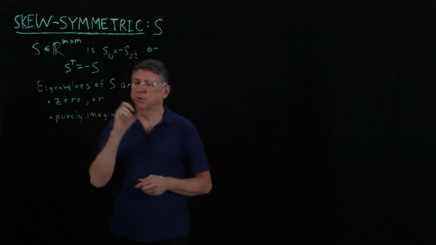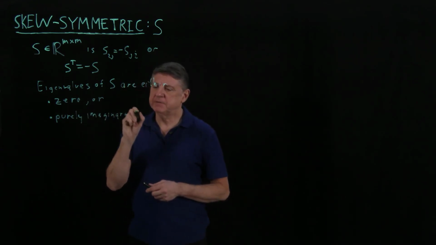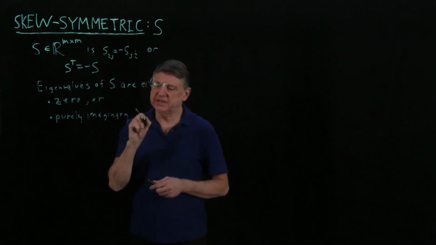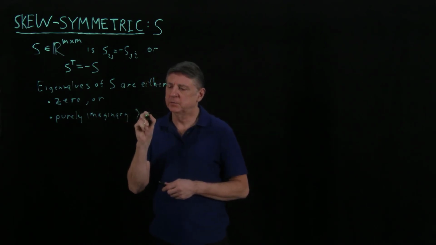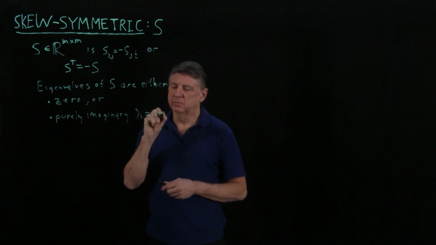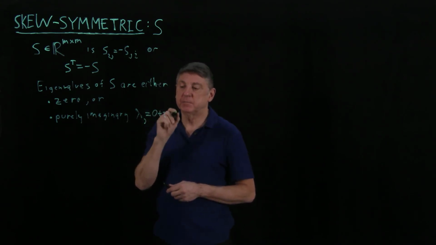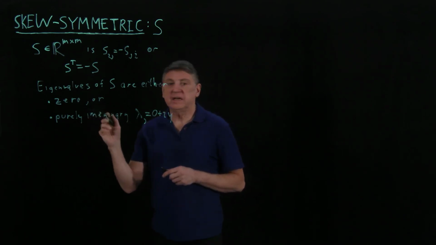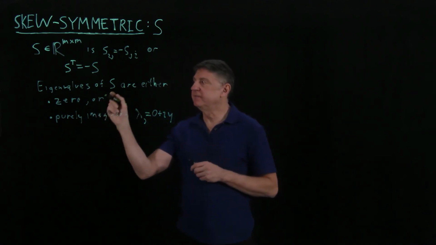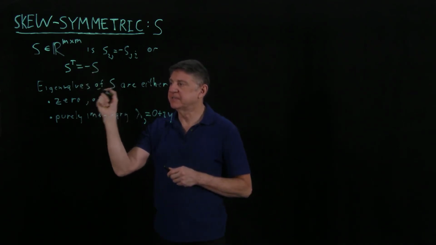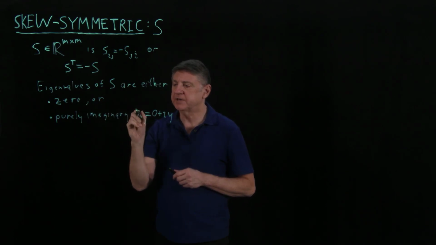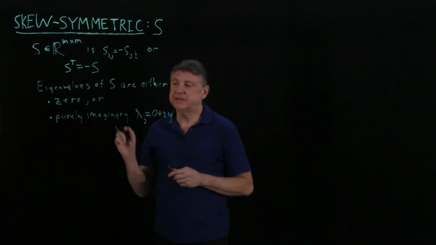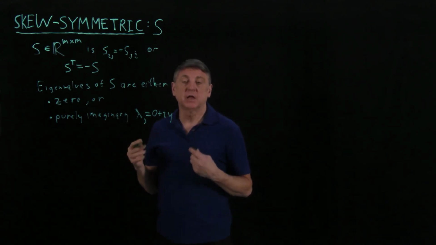So by purely imaginary, I mean that in general the jth eigenvalue equals 0 plus the imaginary number times some value y. And the eigenvalue of a skew-symmetric matrix is either 0 or it's purely imaginary, and then the eigenvectors are generally complex. Each entry of an eigenvector is in general a complex number.